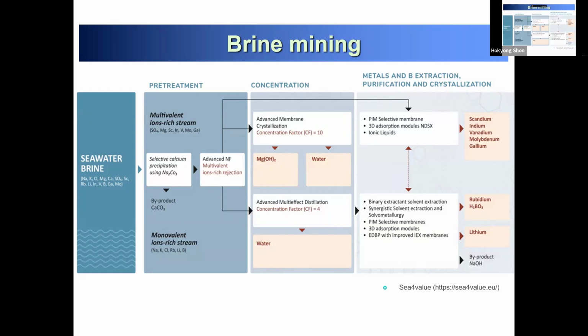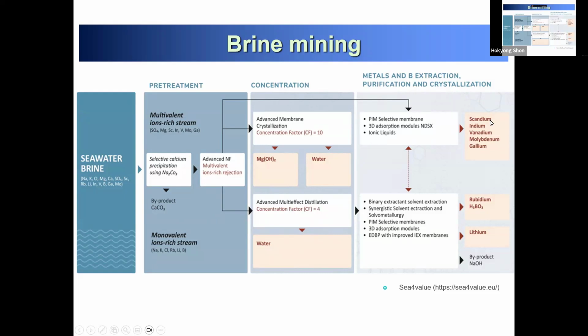Magnesium is very important. Magnesium metal is very useful and very expensive, so we can also recover magnesium. We can also use water evaporation to concentrate the monovalent ions after the nanofiltration permeate.